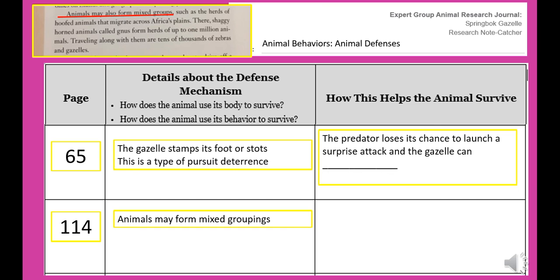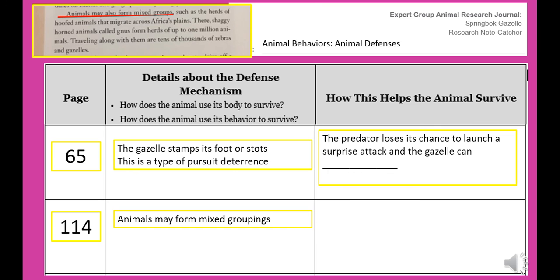And now we have to fill in the last box in the last column, thinking about how this helps the animal survive. How do these mixed groupings help the gazelle survive? So to answer that, we're going to say that traveling in large mixed groups helps the gazelle stay safe, and it's harder for predators to pick them out of that group.